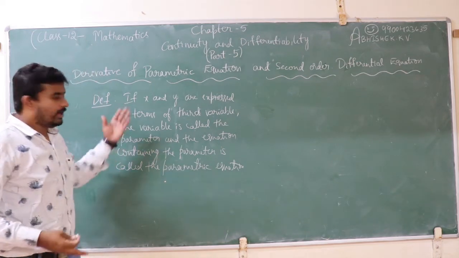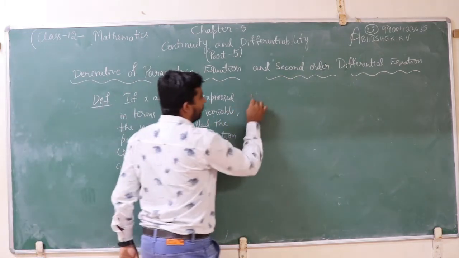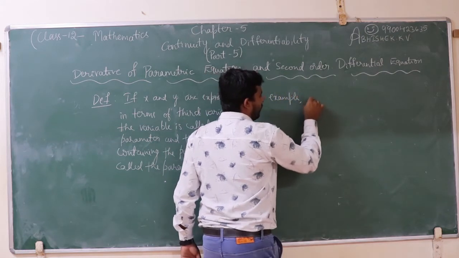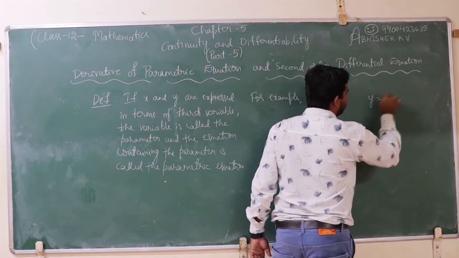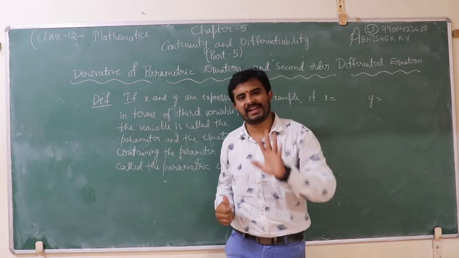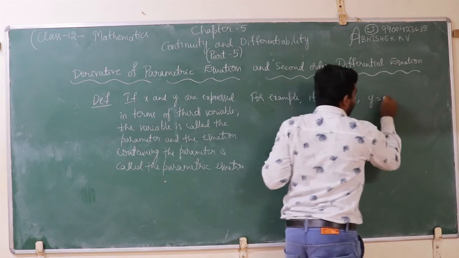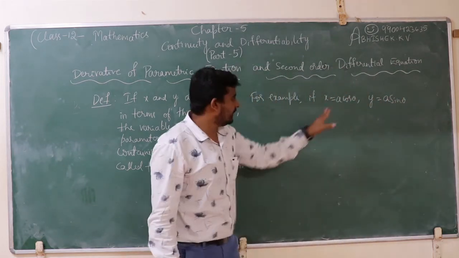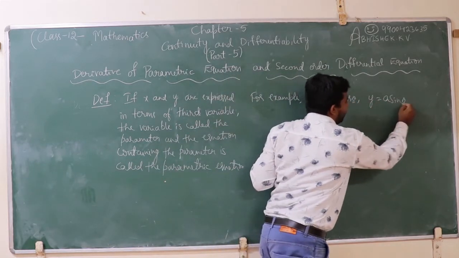Until now we have been differentiating the relation between x and y, that is, for only two variables. But here, x and y are expressed in terms of a third variable. For example, if x is equal to a cos theta and y is equal to a sin theta, here a is constant and theta is the third variable.